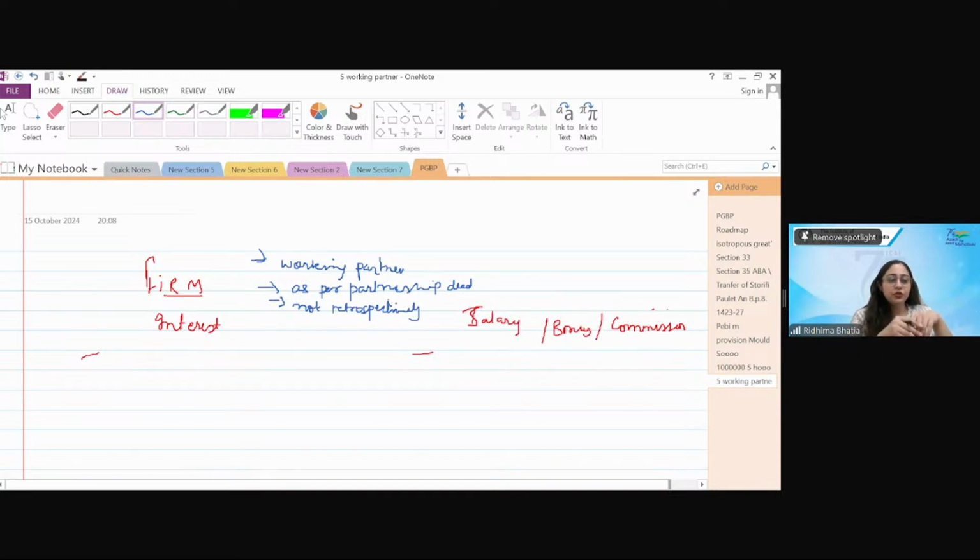It got mentioned in the partnership deed today, but you cannot write that this would be effective from January 2020 or something like that. Retrospectively, it would never be allowed. From the time it is included in the partnership deed, from that time it will only be allowed. Retrospectively, not allowed. Now, this is the basic thing which you have to remember as per the partnership deed.